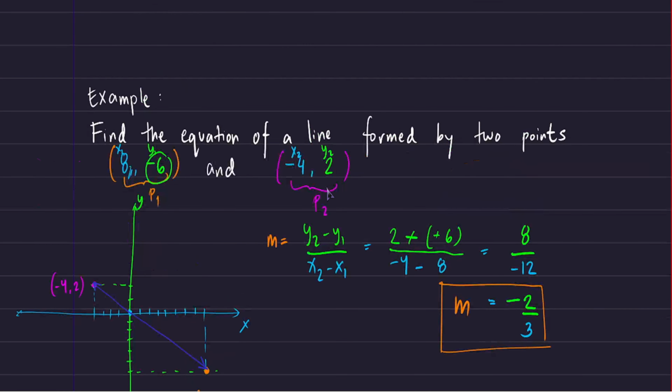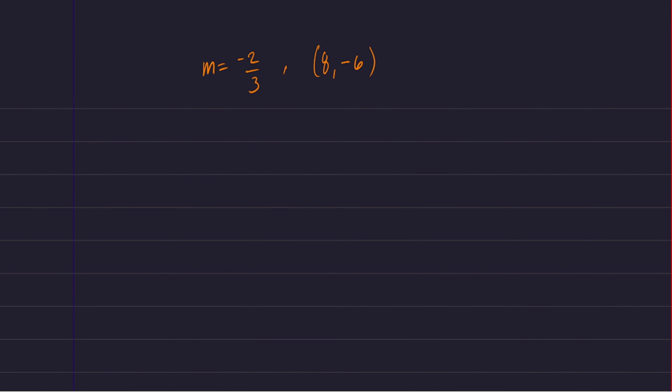Slope is equal to negative 2/3 and ang ating point 1 ay 8, negative 6 kung di ako nagkakamali. Tama ba? Okay, 8, negative 6. So, sa ating point 1, we have x sub 1 here and y sub 1 dito. The point slope form is y minus y sub 1 equals m times x minus x sub 1.